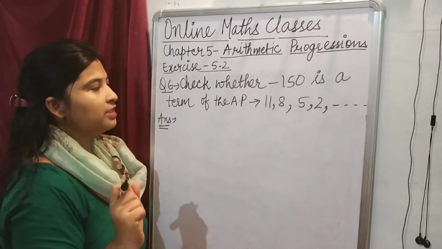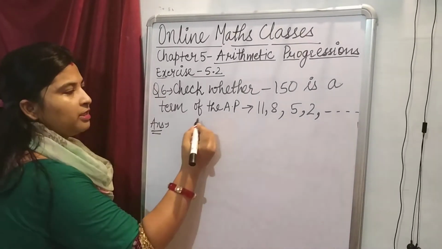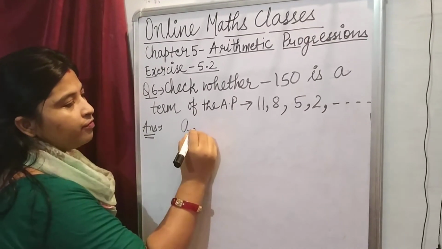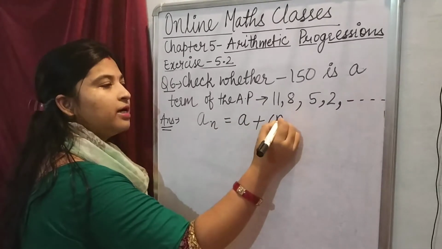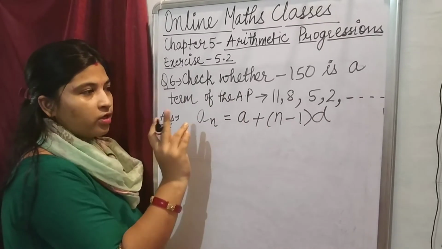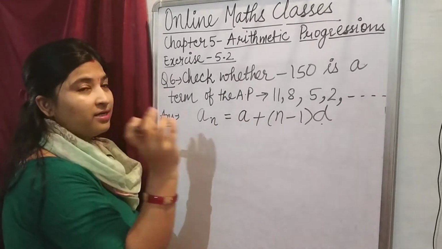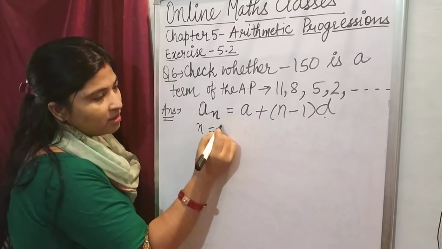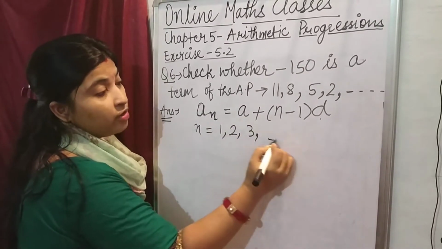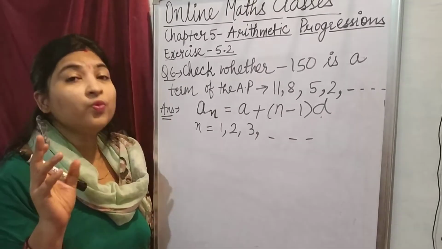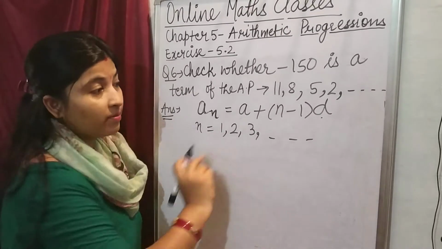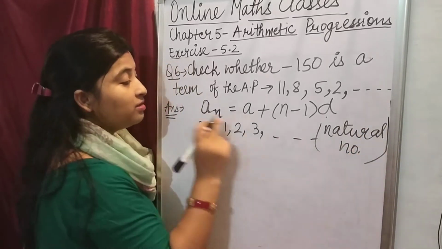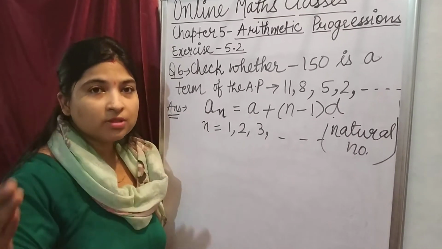Check whether minus 150 is a term of the AP or not. Remember one thing: whenever a number is a term of the given AP, it should always satisfy a_n = a + (n minus 1) d. Here a can be anything, d can be anything, but the value of n starts with 1 and goes 1, 2, 3 and so on. So n should always be a natural number, because we are talking about terms: first term, second term, third term, fourth term, fifth term.